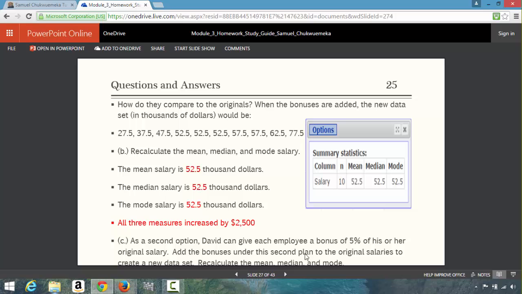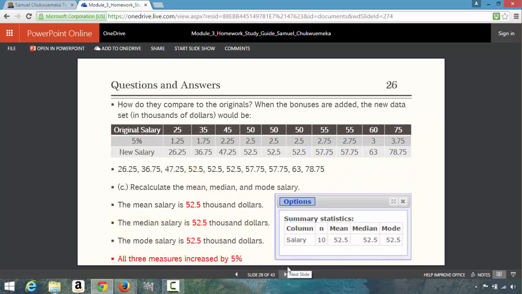That is another option he can choose. I put it in a table. Original salary is $25,000, 5% of it will be 1.25.